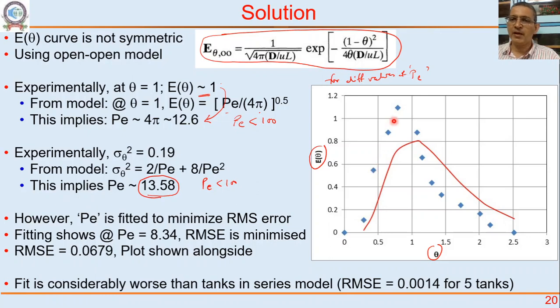These are the experimental values of E theta versus theta. This is the predicted value of E theta for Peclet number equal to 8.34. At that condition, you get a minimum error.